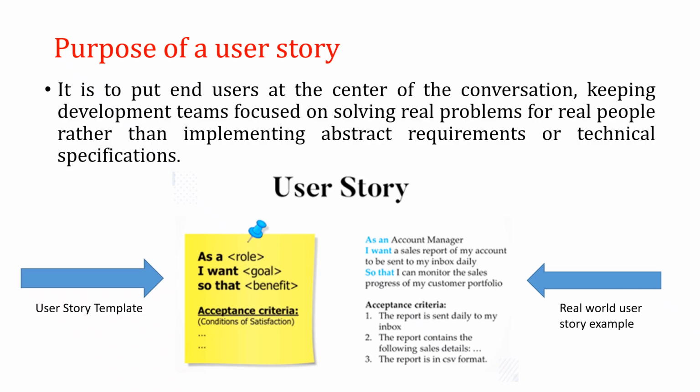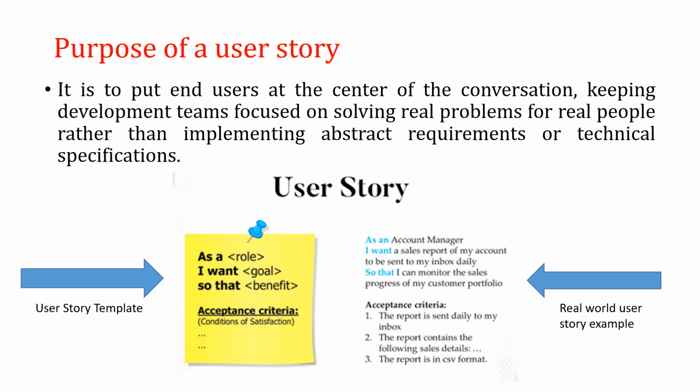Next, we will discuss the user story template on the left side of the slide. Who is the user? What does the user want? Why does the user want it? A commonly used format is: as a type of user, I want some goal so that some benefit. For example, as a customer, I want to search for a product so that I can easily find the product I need.